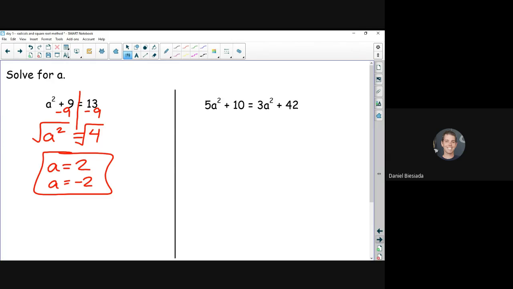In our next example, we see something a little bit different because we have an a squared term on each side of the equation. We've got a 5a squared on the left and a 3a squared on the right. That is not a big deal at all. I recommend putting a line down the equal sign and just getting your a squared terms on the same side. For me, I usually bring my a squared terms to the left.